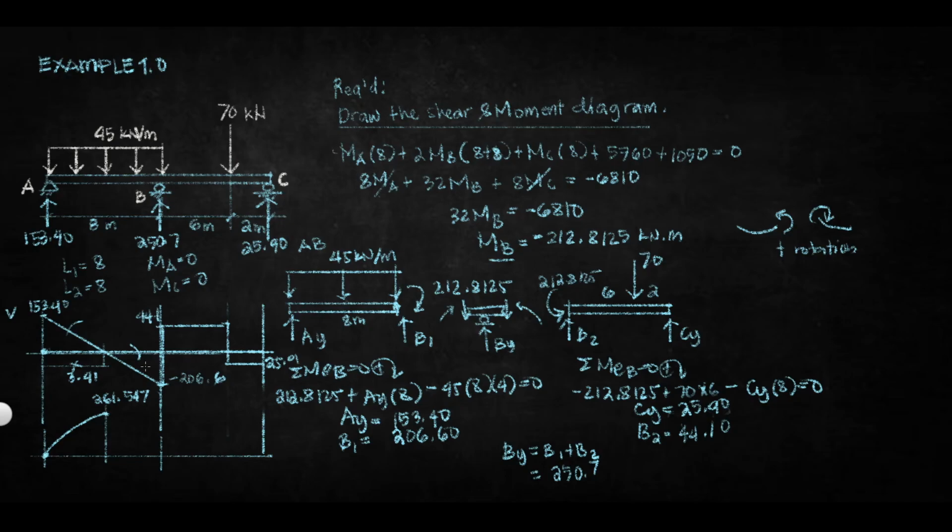So, ang base natin is 8 minus 3.41. Na yung height po natin is equal to negative 206.6. So, lalabas is, ang area po nito is negative 474.147.